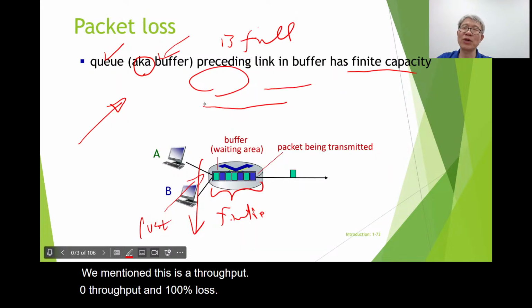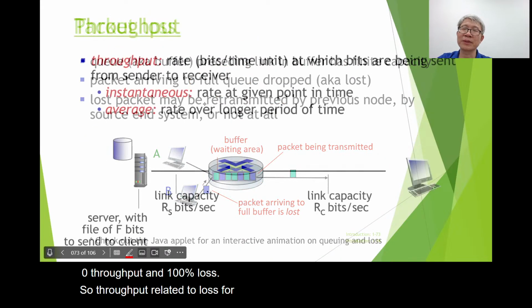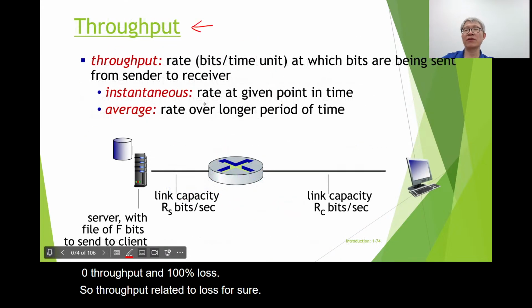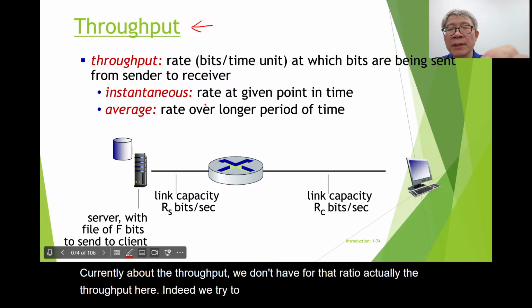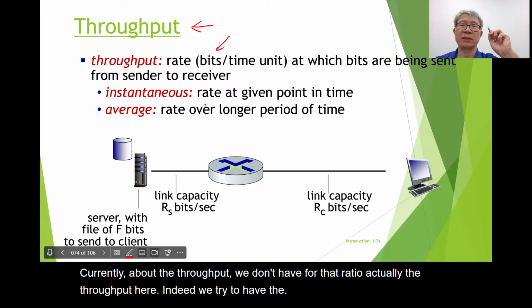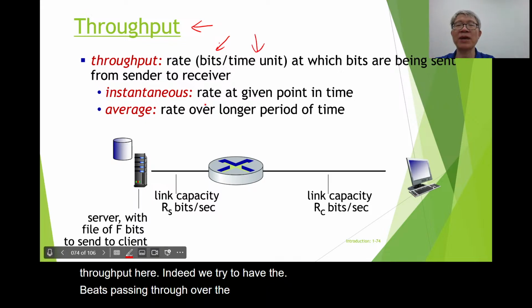So throughput is related to loss for sure. Currently, about the throughput, we don't have that ratio. Actually, the throughput here is the bits passing through over time, so the unit is bits per time unit.